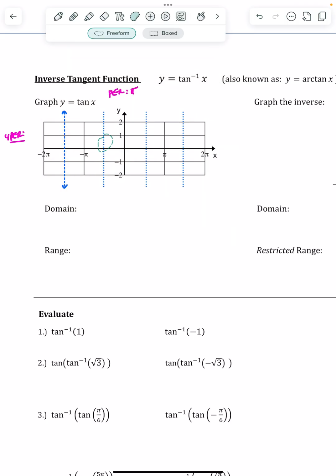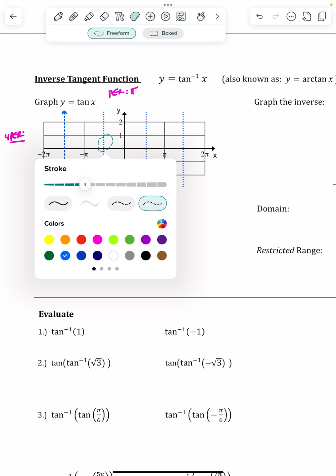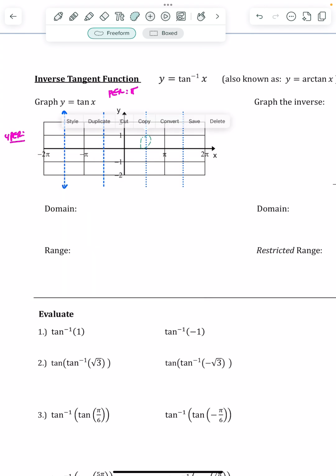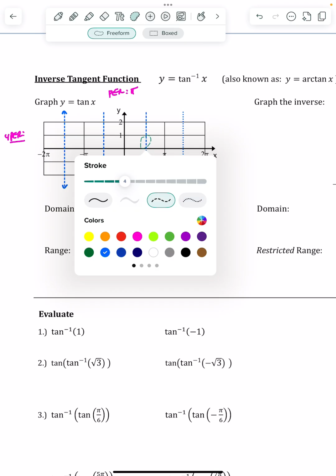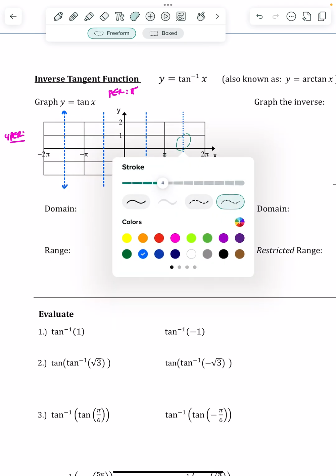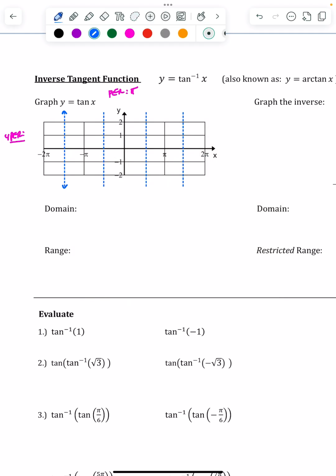I like to keep the dashed for asymptotes and the dotted for the actual virtual ones, even though they're both virtual, but normally dashed are for asymptotes and dotted are for the really non-existent. Okay, so this is x equals -3 pi over 2, x equals -pi over 2, and so on. And tangent is going to be asymptotic. Now here, just be careful also. So one way to graph tangent is going to look something like this.